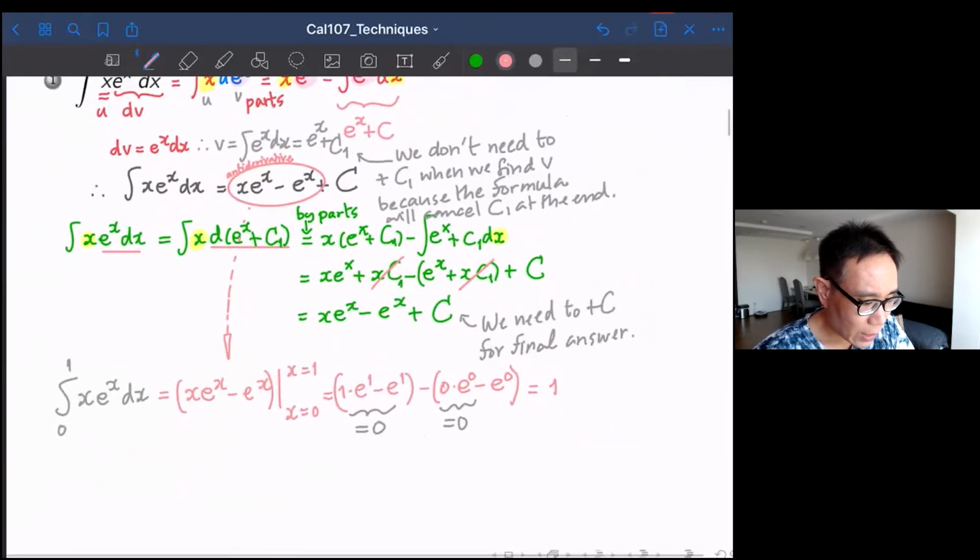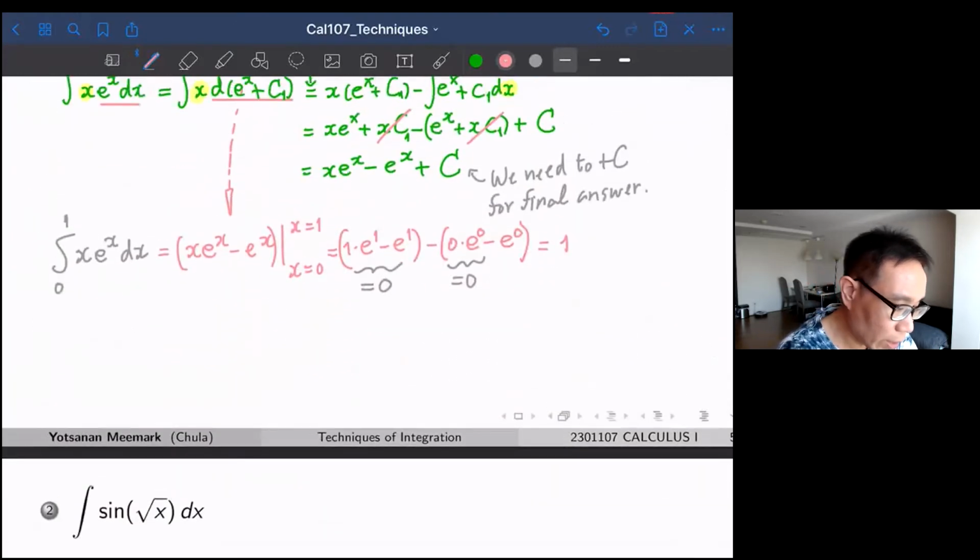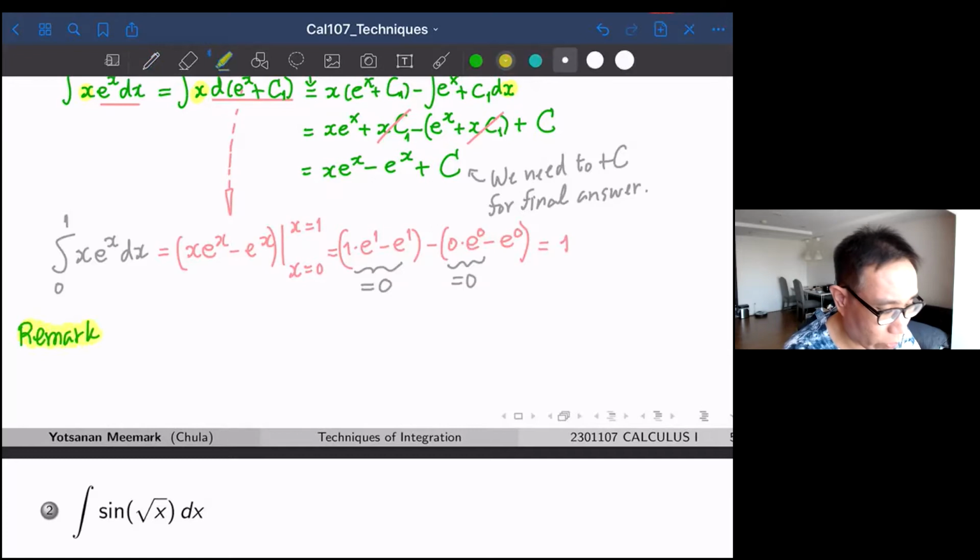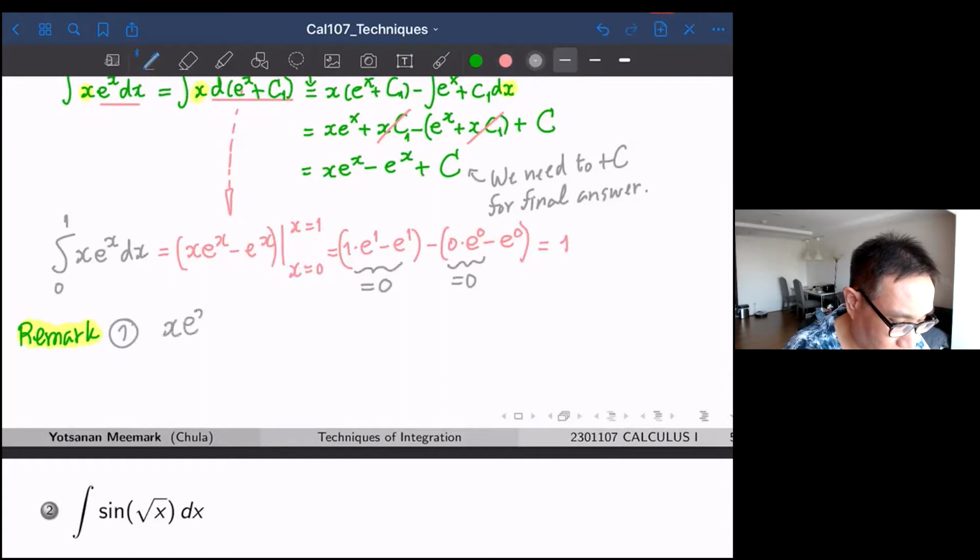The last thing that I'd like to mention, as a final remark, is how would I know which one is going to be u and which one is going to be dv? When you see x e to the x dx, you have several decisions.